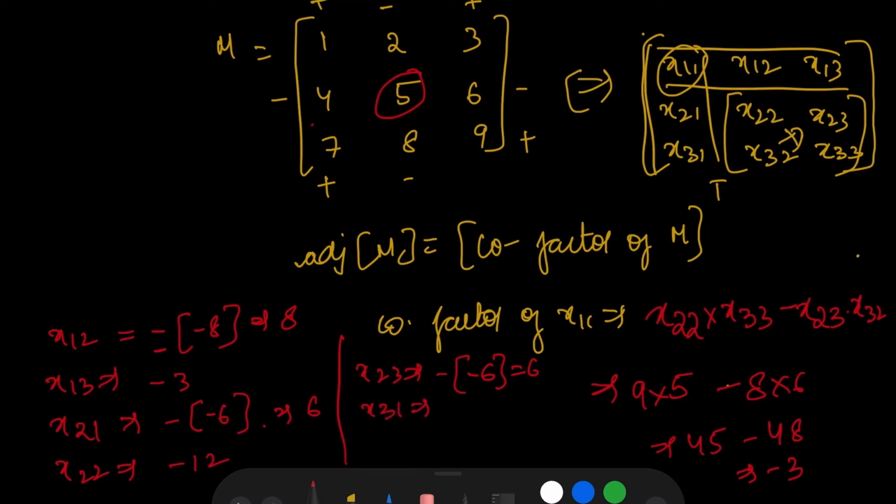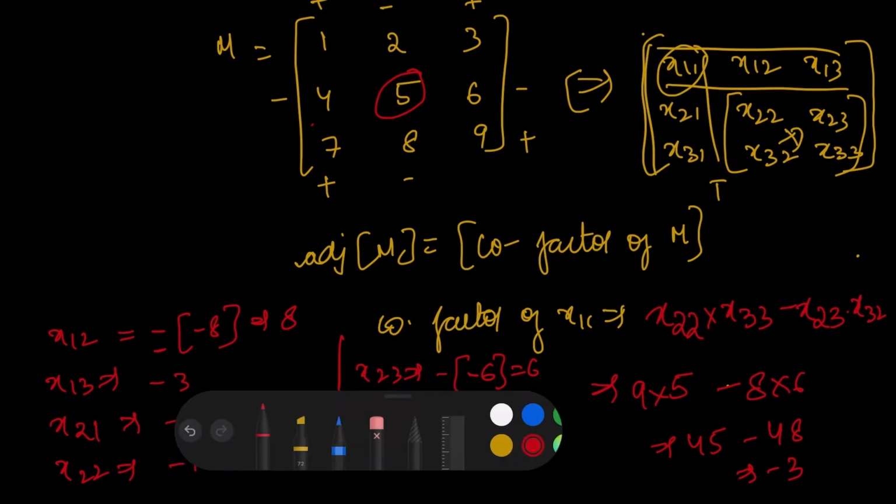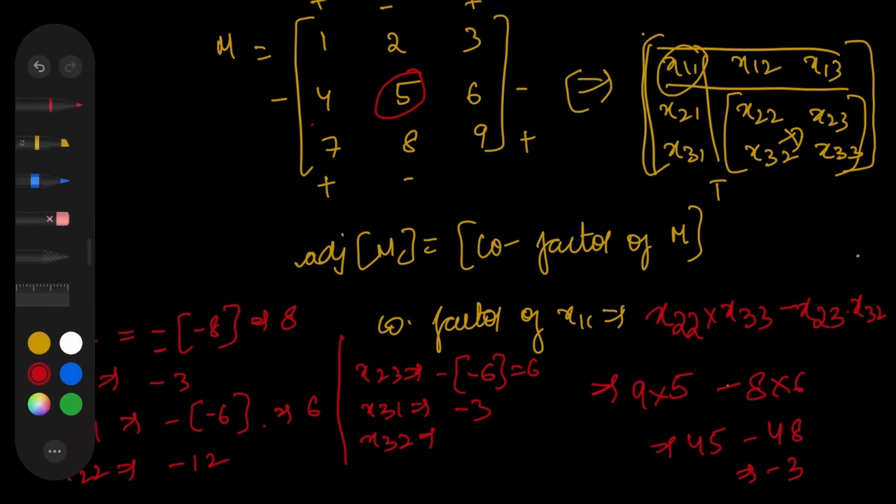And x31, 12 minus 15 is minus 3, x32, 6 minus 12 is minus 6, so that is equal to 6. And x33, 5 minus 8 is equal to minus 3.